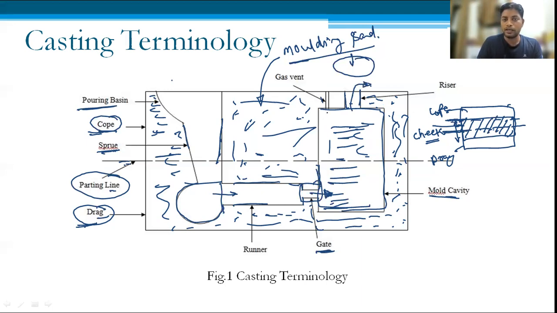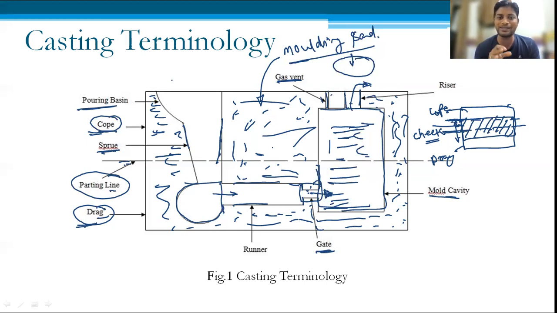Then we also use the gas vent. A gas vent can be used at the mold cavity, or sometimes at the gate, or sometimes at the runner. The liquid material is at a very high temperature and generates different types of gases.